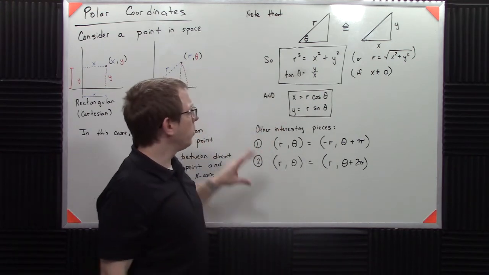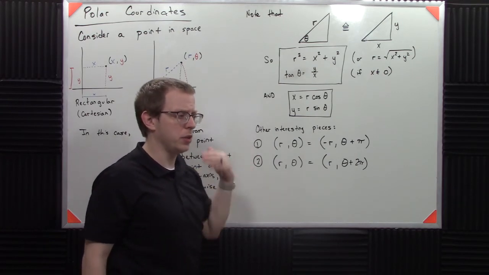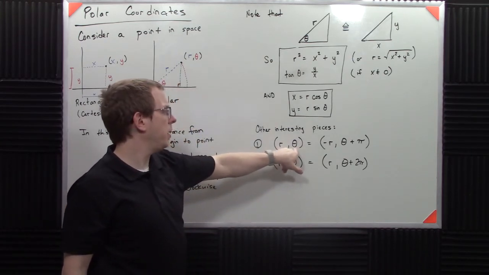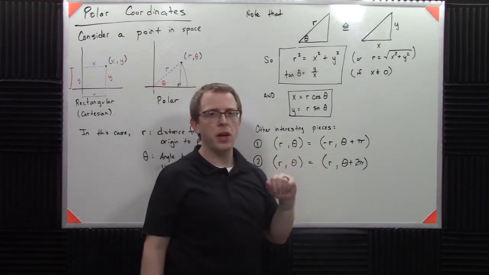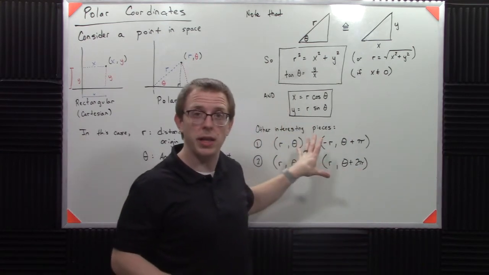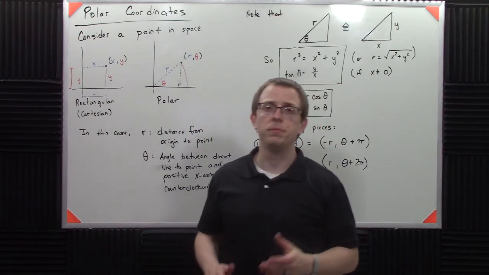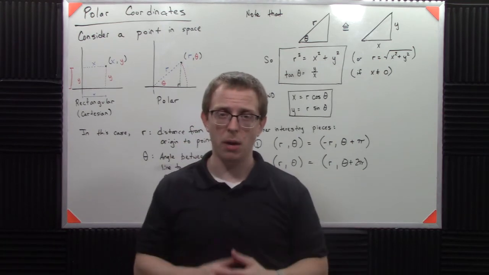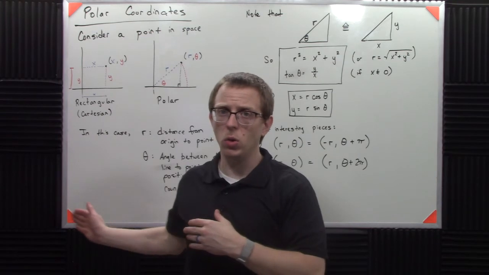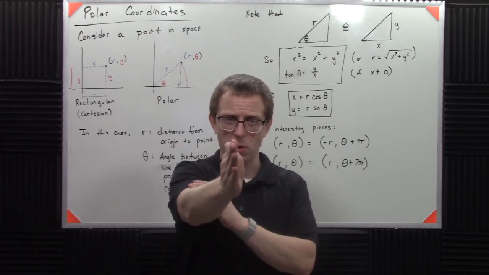Now, other things you might need to know about polar coordinates that's really neat is that polar coordinates have some kind of duplicate representations. For instance, r and theta is equal to negative r and theta plus pi. So let's think about this for a moment. You might understand that intuitively. Let's say you didn't. So if I'm standing right here in front of the camera, and I'm trying to walk 2 steps forward, my angle at this point is maybe 0, because I consider 0 dead on to the camera.